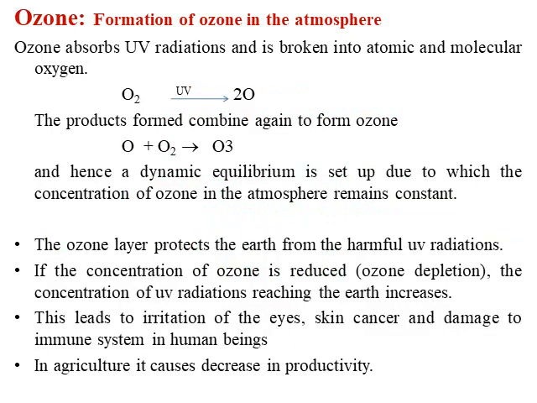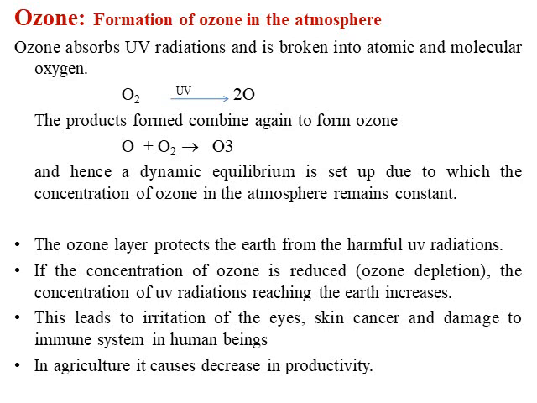Now, the formation of ozone in the atmosphere. So, how does ozone form in the atmosphere? You know very well that ozone is the absorber of UV radiation and is broken into atomic and molecular oxygen. Now, oxygen is present in the atmosphere.